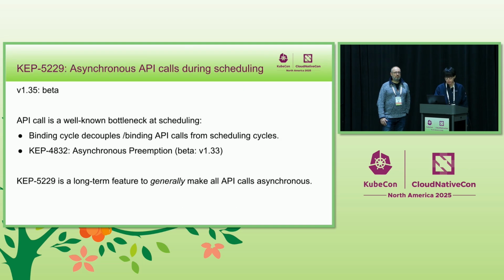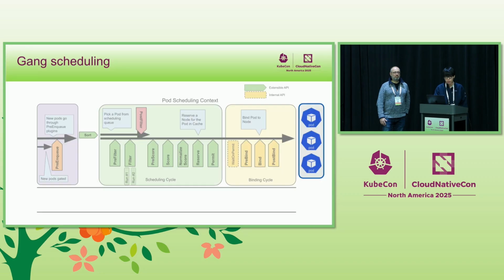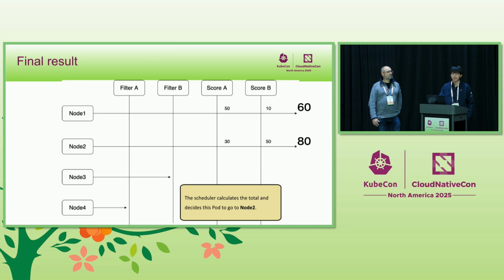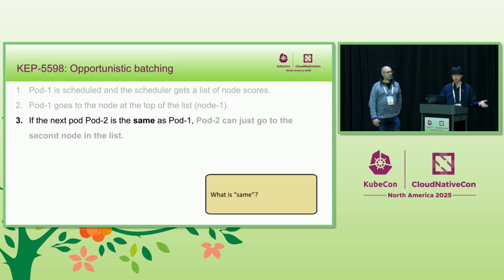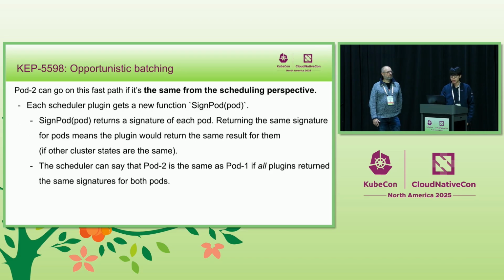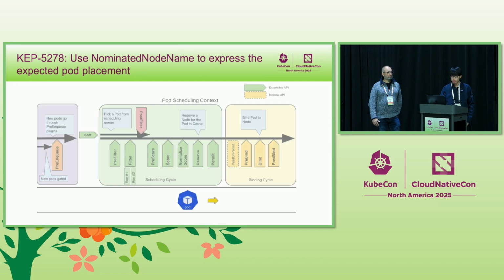All that delayed volume binding and such is done at the pre-bind extension point, while the actual binding API call is done at the bind point. So the actual binding API call could be delayed because of delayed volume binding and also other pre-bind plugins. So, going back.